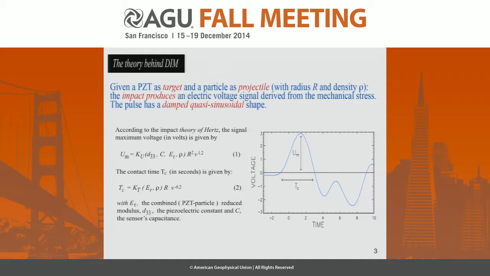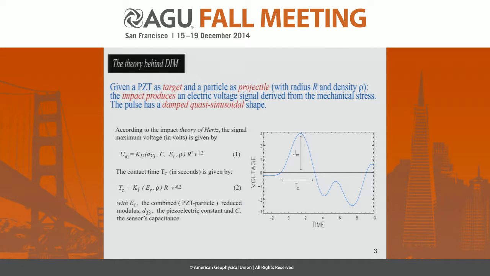The theory behind DIM is fairly simple, and it was developed more than 100 years ago by Heinrich Hertz. The idea is basically that given a PZT as target and a particle as a projectile, let's say with radius r and density rho, the impact will produce an electric voltage signal derived from the mechanical stress or the deformation of the projectile and the PZT.